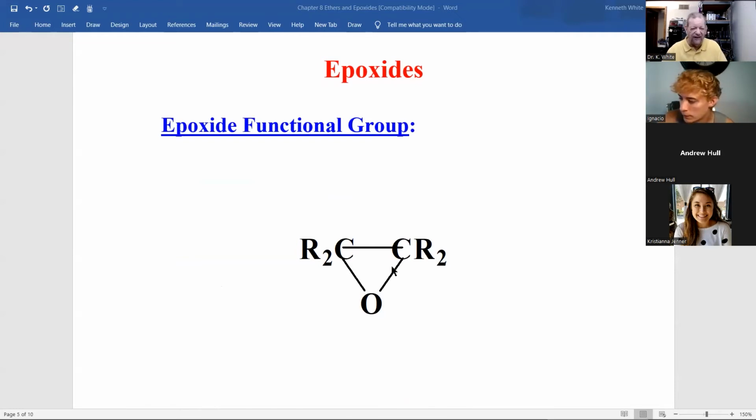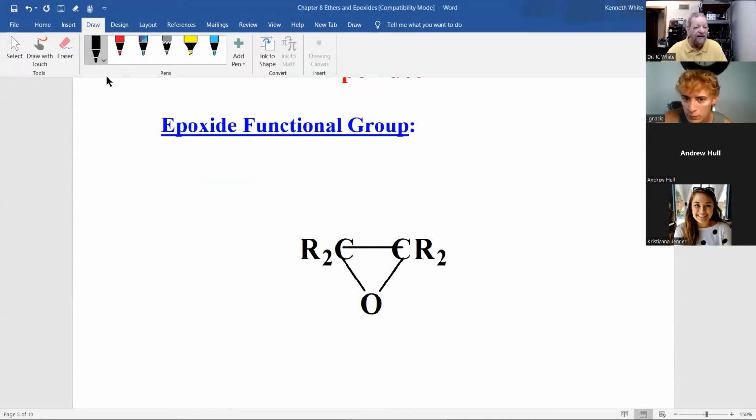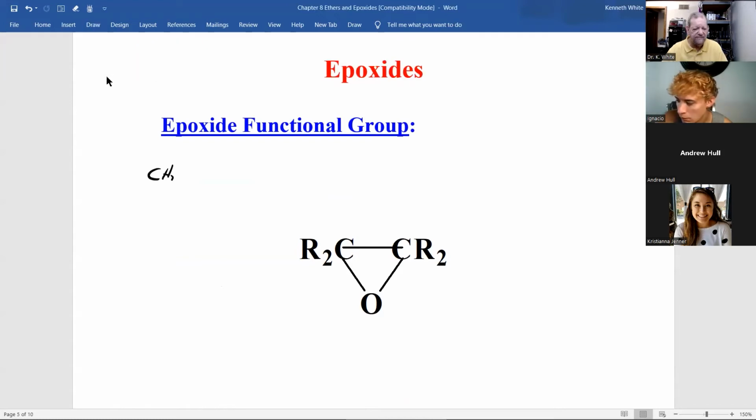An epoxide in the simplest form are two carbons that are both bonded to an oxygen. So you have a three-member ring, two carbons, oxygen. Now, these hydrogens can be replaced with carbons, so you can have R groups on them.